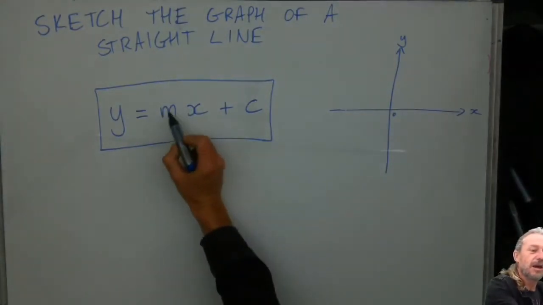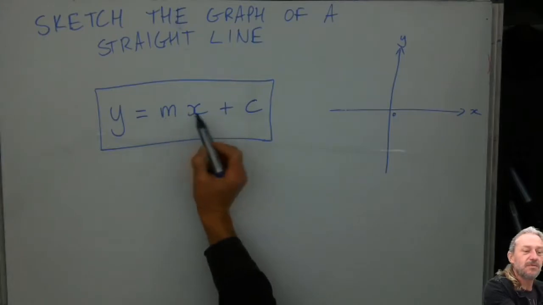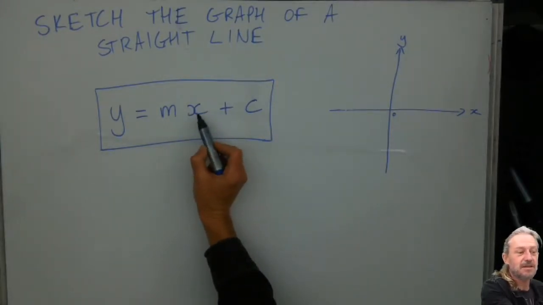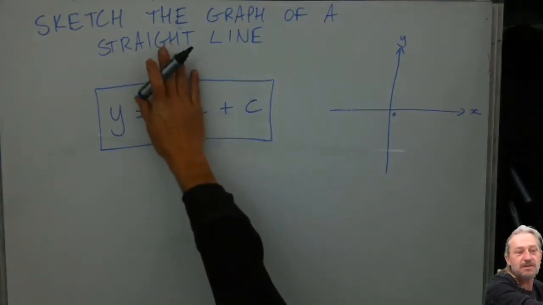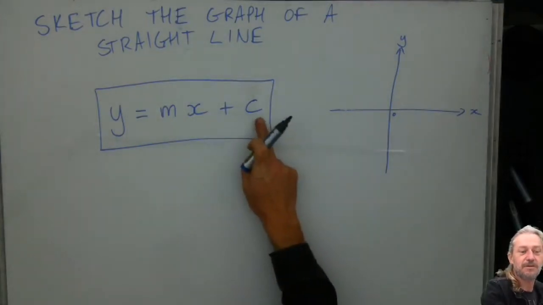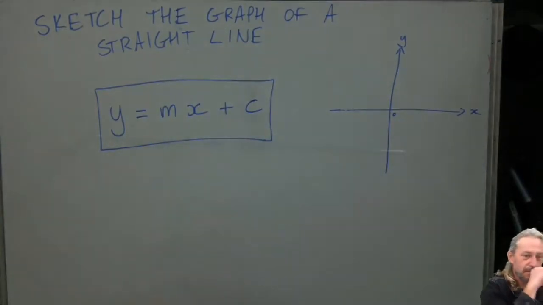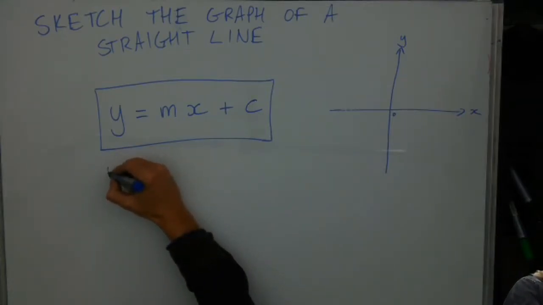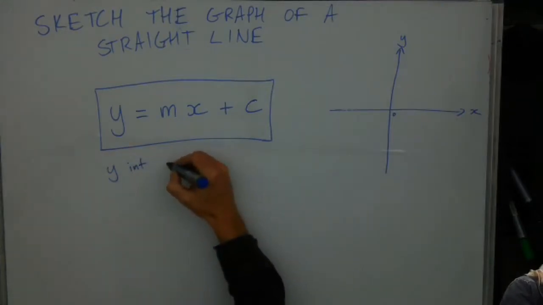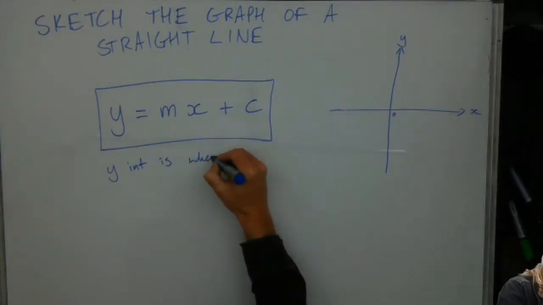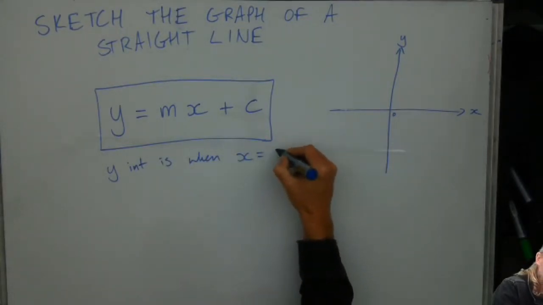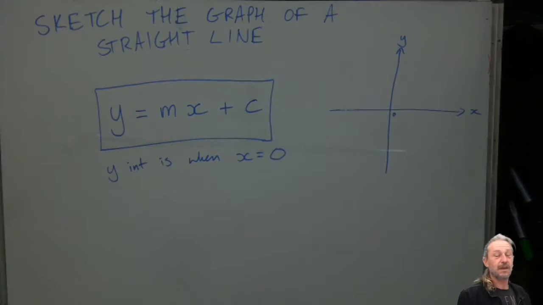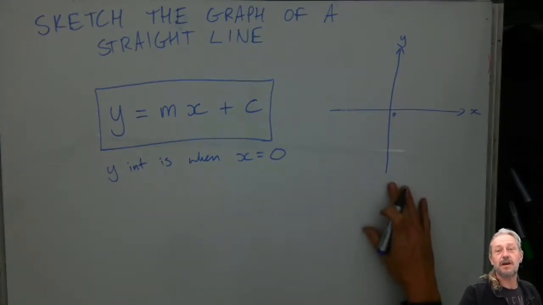So regardless of what the slope is, if we plug 0 in for x, it's going to make that mx into 0, and we end up with this. So if I just write that down, the y-intercept is when x equals 0. And that's a clue to helping us find it.